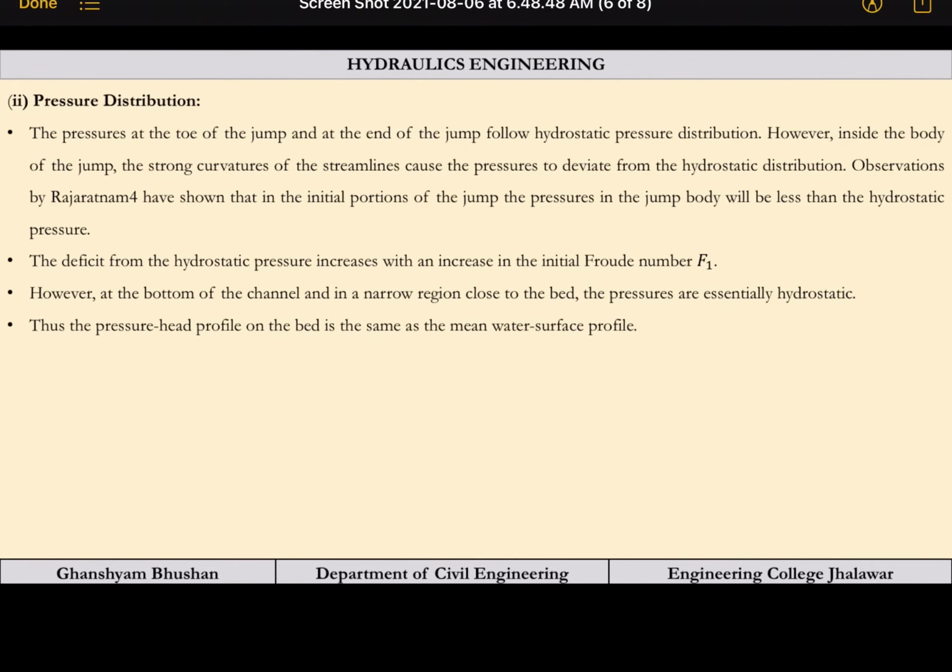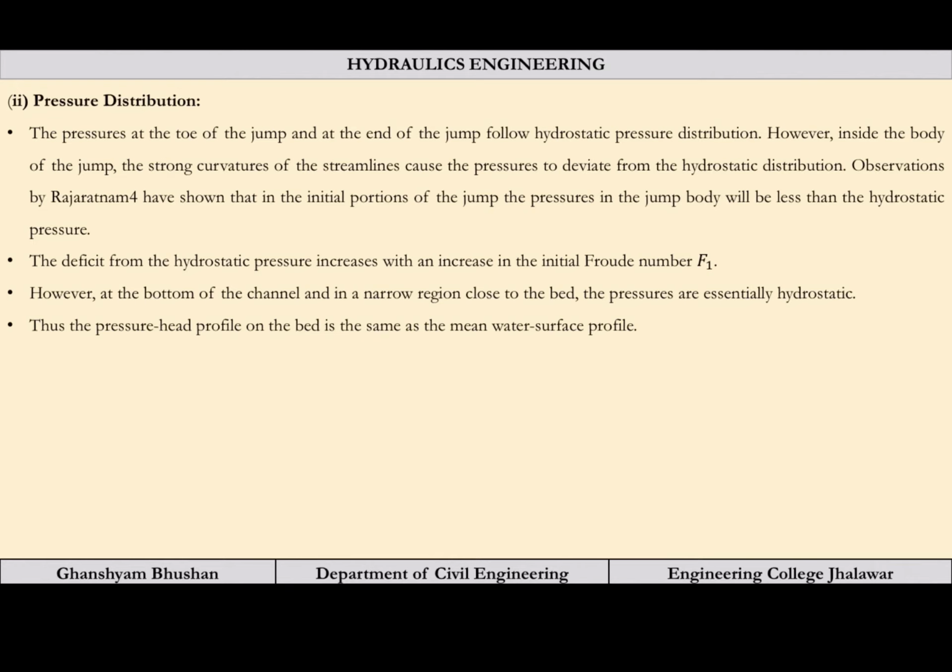Now what is the pressure distribution in a jump? The pressure at the toe of the jump and at the end of the jump follows the hydrostatic pressure distribution. That is quite evident, because at those points the water surface is horizontal and the pressure variation will be hydrostatic.